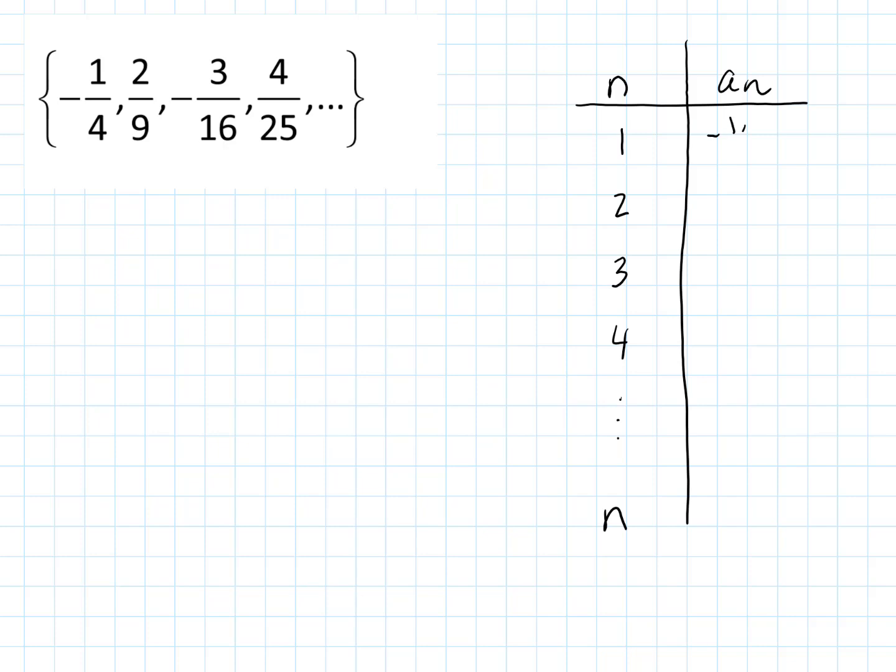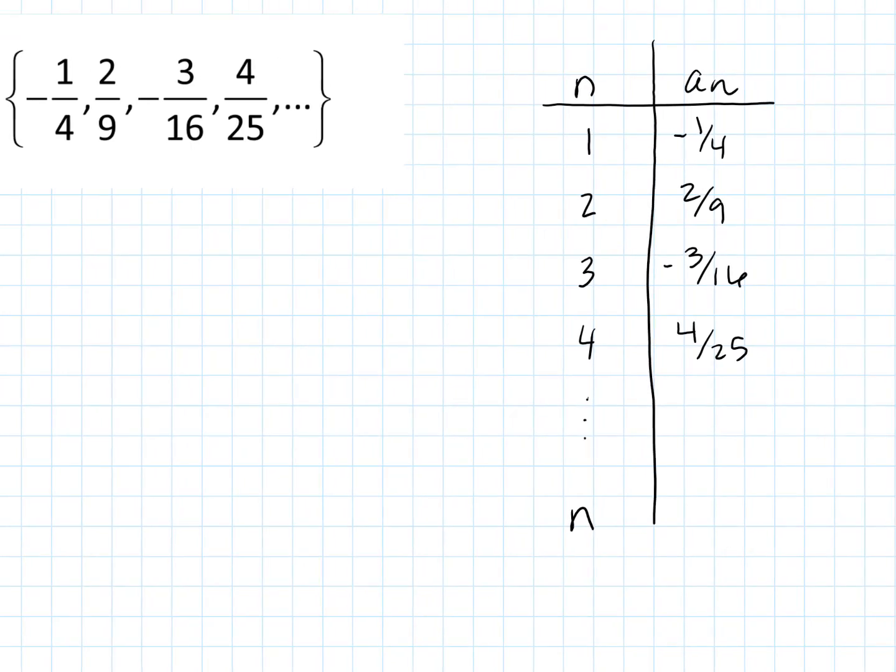So if we've got -1/4, positive 2/9, -3/16, positive 4/25, and we want to come up with that nth term here. So again, as I mentioned, you can see pretty obviously you've got a switch here. So in this first one, you have -1 over, and then I see those perfect squares. So I'm just going to express that as 2 squared.